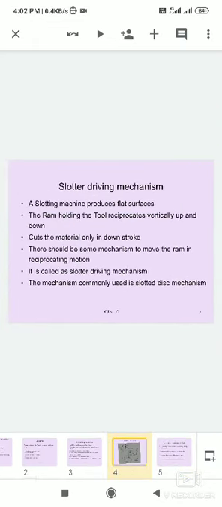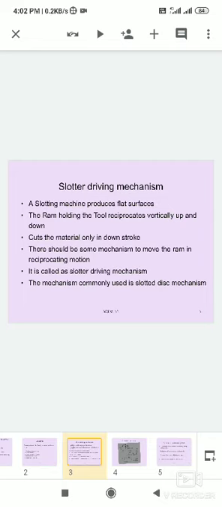The slotter machine has a cross slide. It is mounted on the guideways of the saddle. It is moved parallel to the face of the column, that is, perpendicular to the guideways on the base.